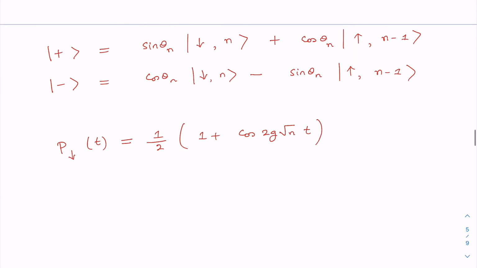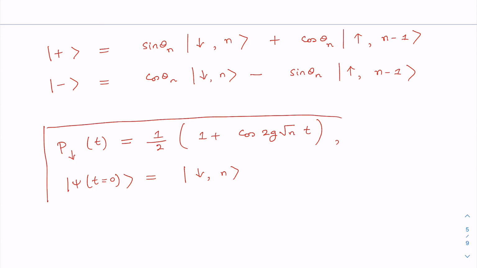And when we started from the initial state at time t equal to 0, the atom was assumed to be in the ground state and there are n photons in the field mode, then this expression we obtained in lecture 16.